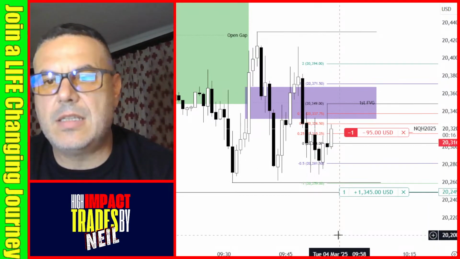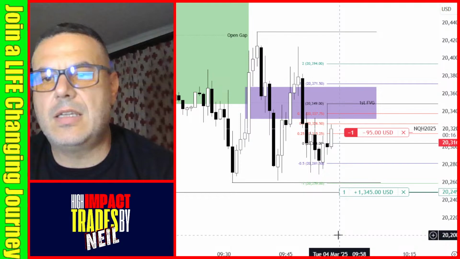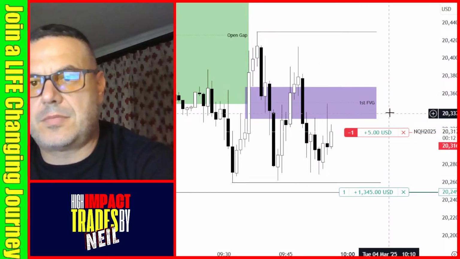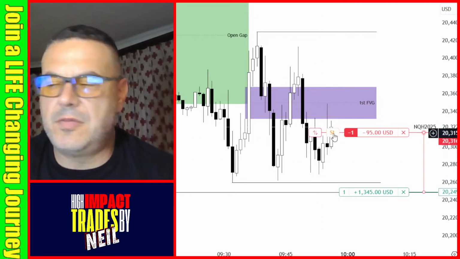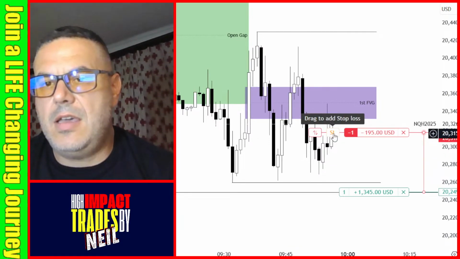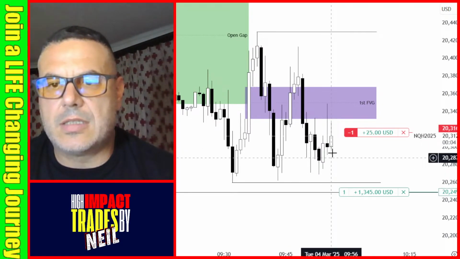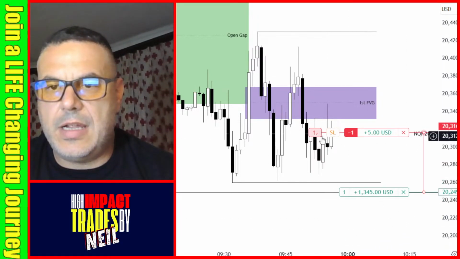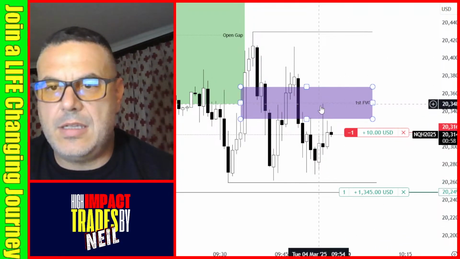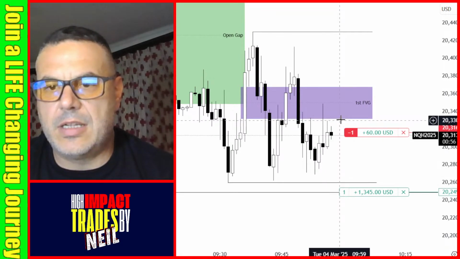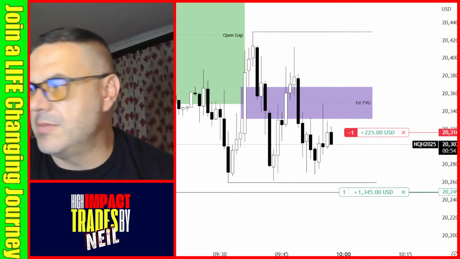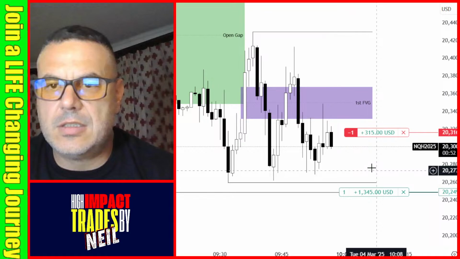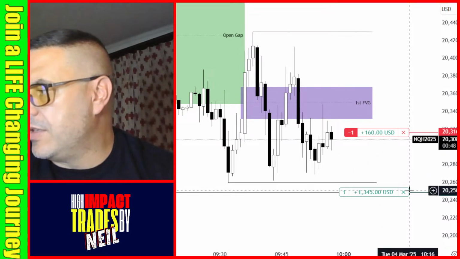There's 50% there. That's a test of the wick, and that's at 50%. Now we would like to see some sort of rejection to push down, and then create this middle wick as the swing point. So now you want to see some momentum to the downside here. Hopefully we see something to that effect now.